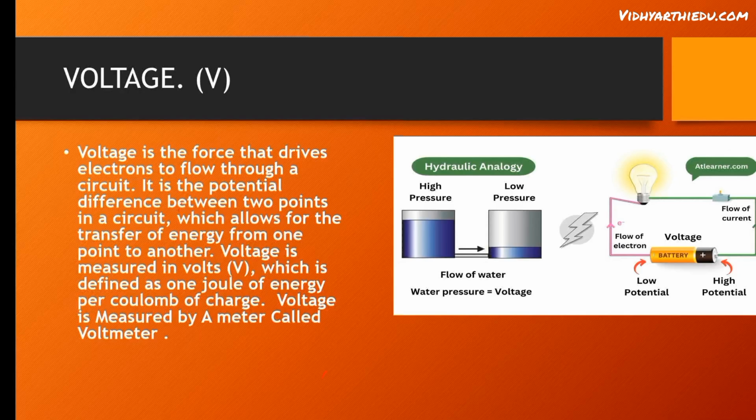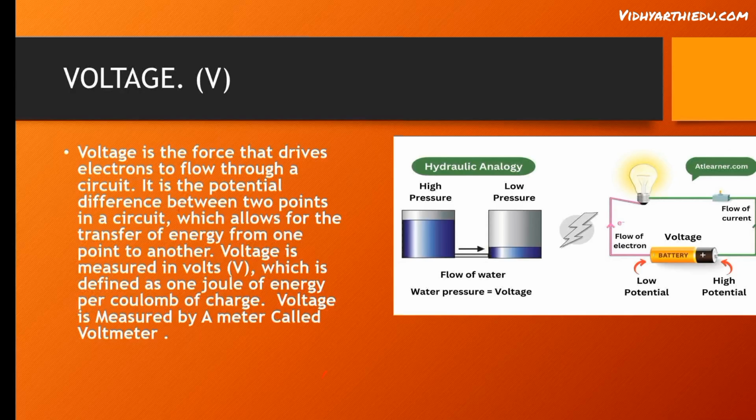Suppose the water is the electric charge in a conductor, and these tanks are nothing but conductors. The flow of water we can consider as the electric current, meaning the flow of electric charge from one point to another point.